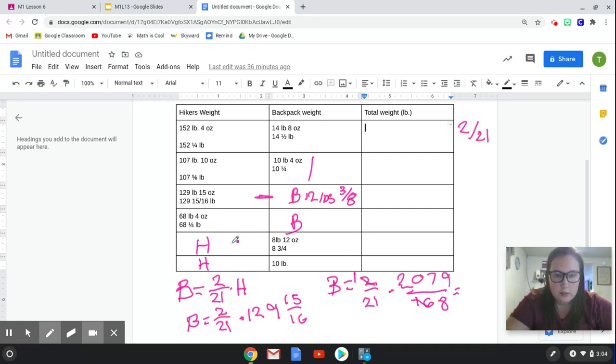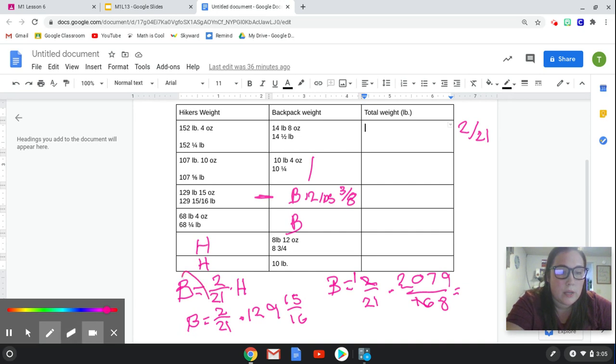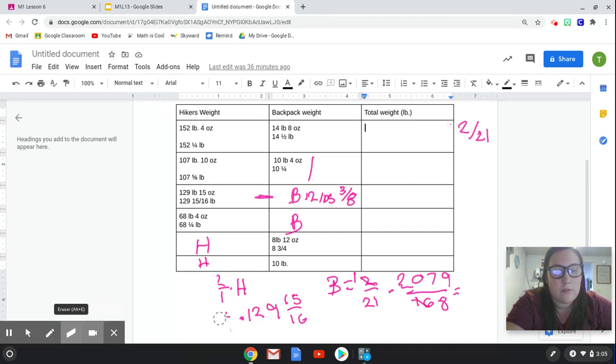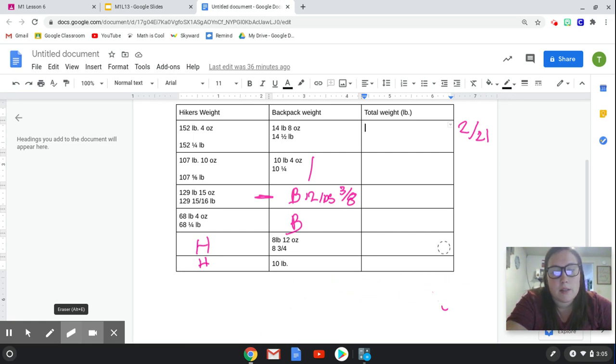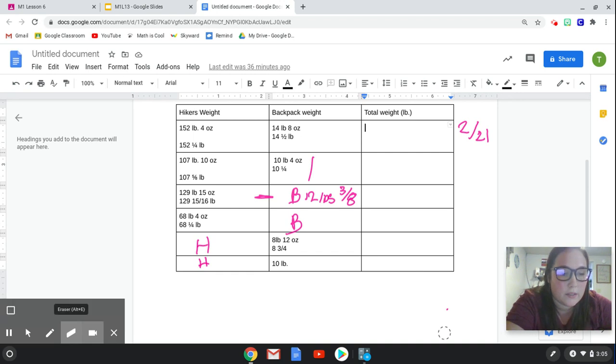We'll do this one next so that you can see an example of how to do it when you have the backpack weight instead of the hiker's weight. So I'm going to erase that.